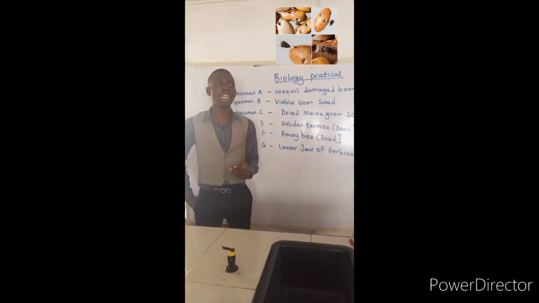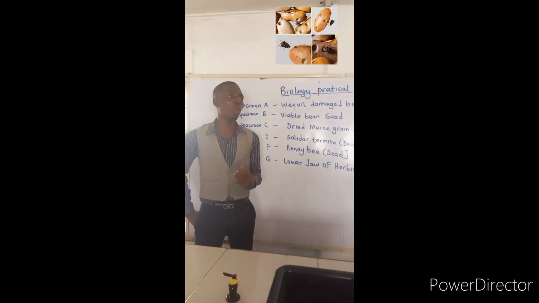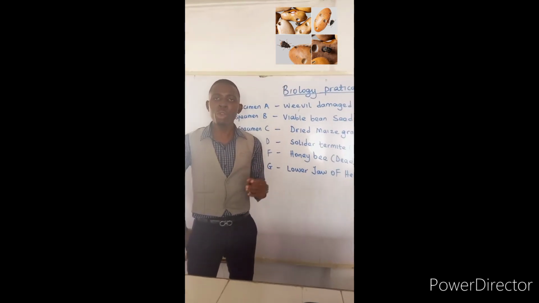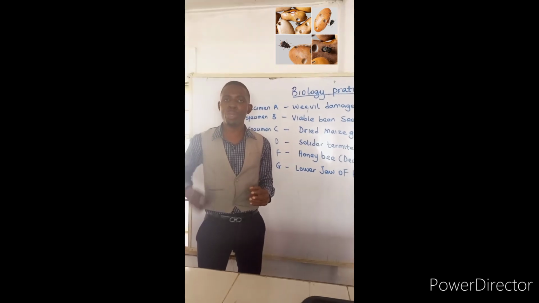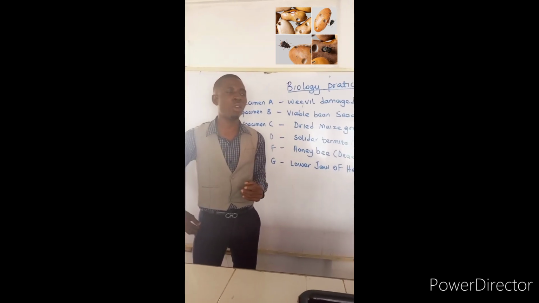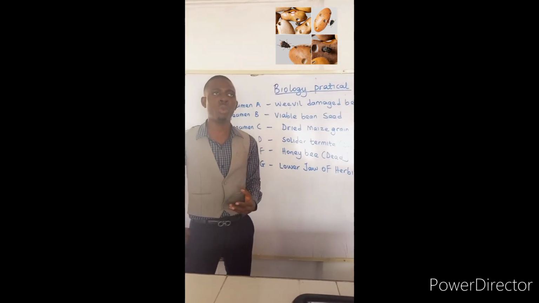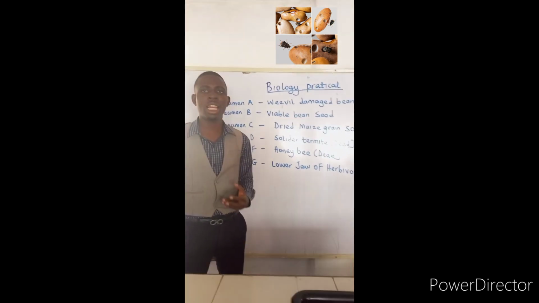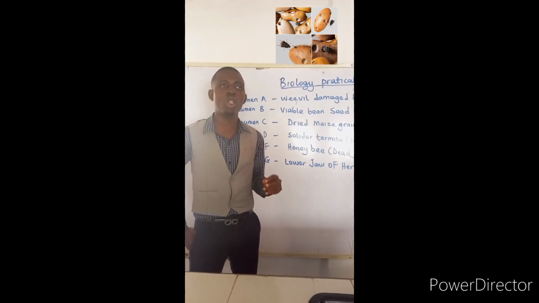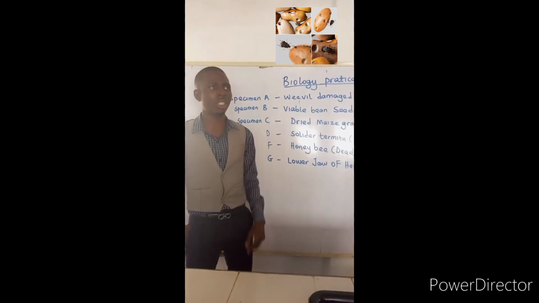Now, the next thing they are expecting us to write is: how does weevil affect beans? Weevil affects beans by piercing holes, because it is an example of a boring insect. They can also ask what type of insect weevil is. It is a boring insect, and its function is to pierce holes inside the beans.